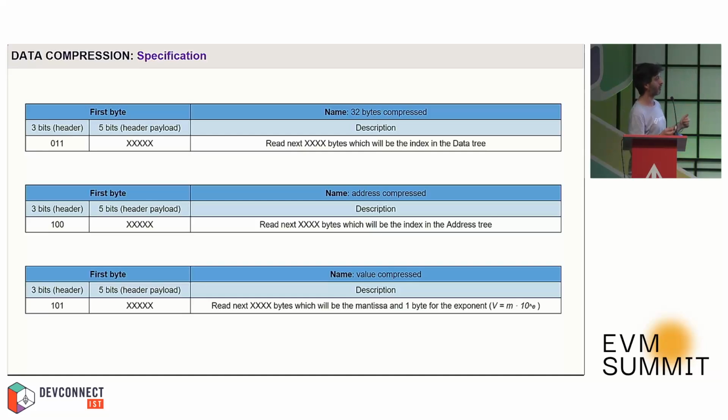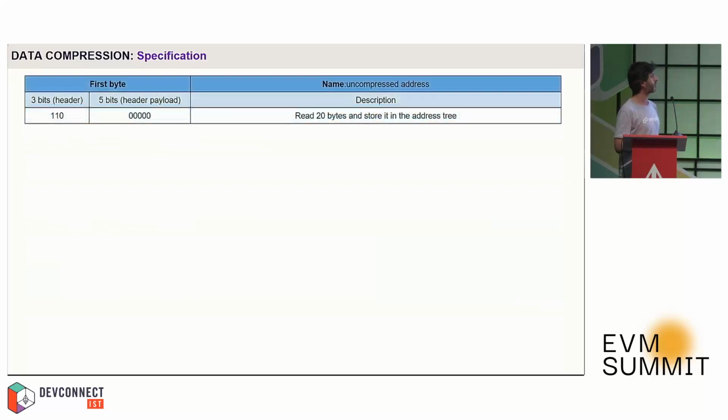Then, normally when you do a transaction, there is this value, the gas price, where from time to time you just put a lot of zeros. In order to skip this kind of encoding where you waste bytes, we can encode it with a mantissa and an exponent representation.